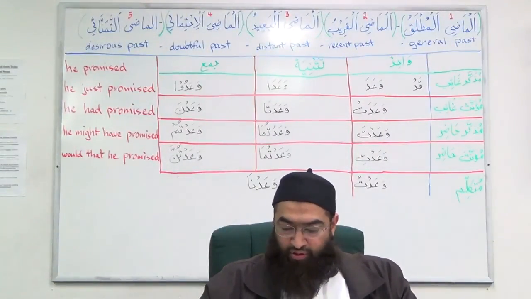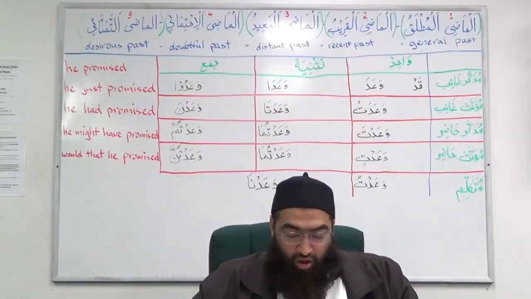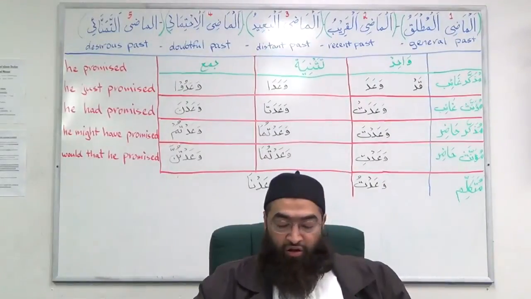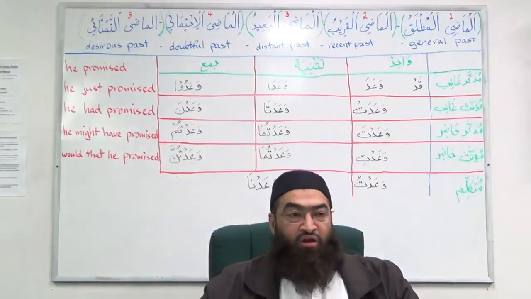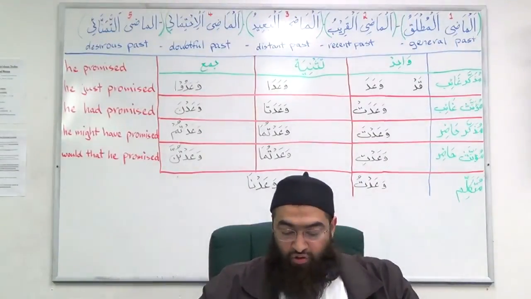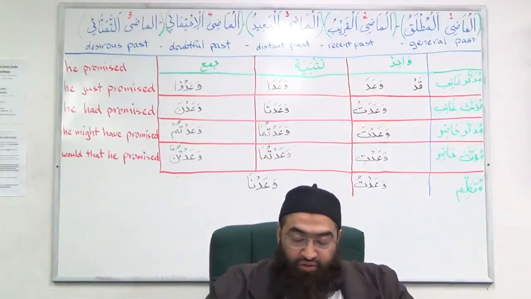Review on December 16, 2013. The past tense, the fi'l al-madi, is of two kinds. Number one, ma'roof, active voice. Number two, majhool, passive voice.